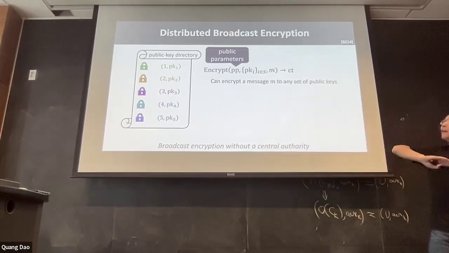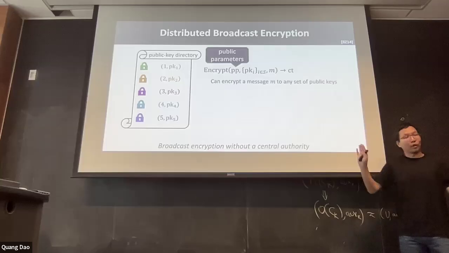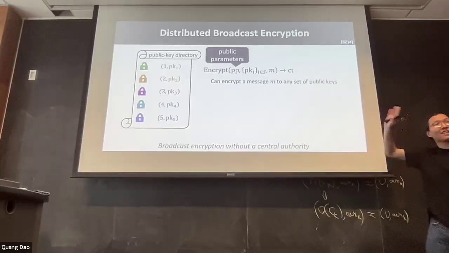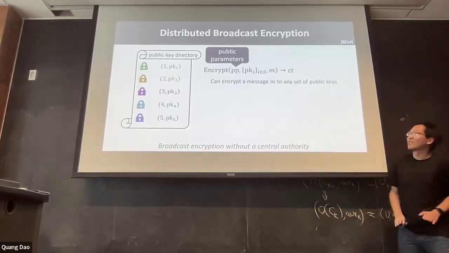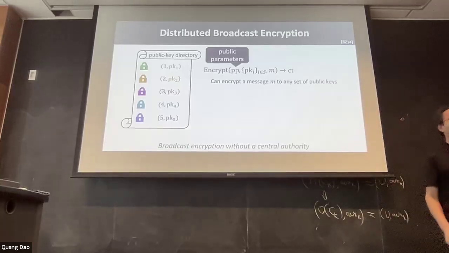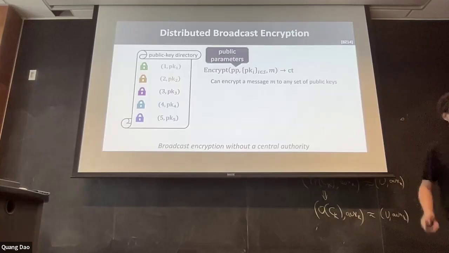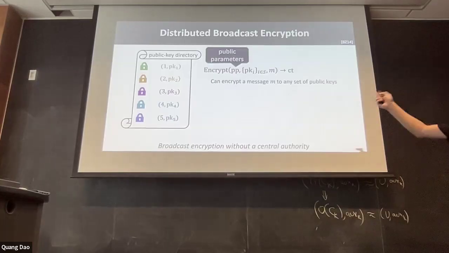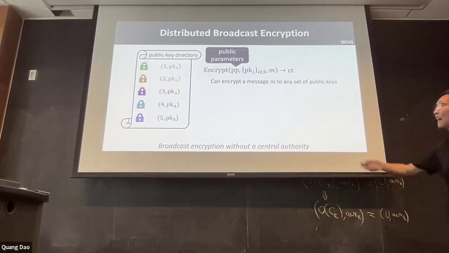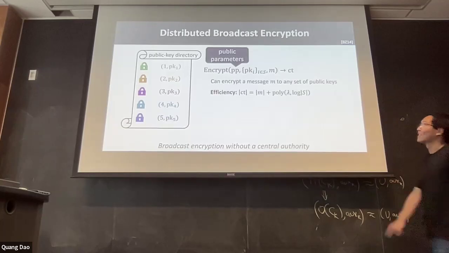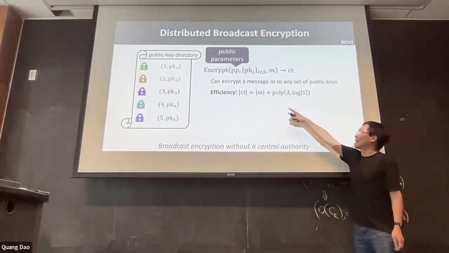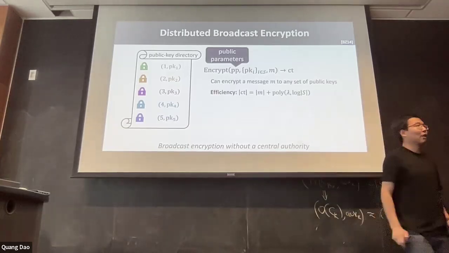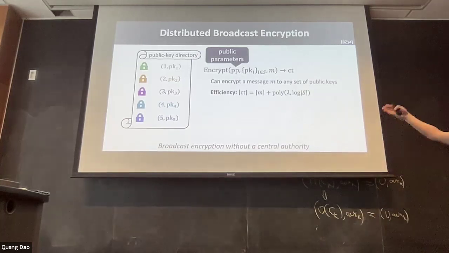Once you do it, there are no long-term secrets after that point. Of course, we can also ask for transparent setup and so on. But for the purposes of this talk, I will allow for a one-time trusted sampling of public parameters or a common reference string. Okay, so now once you have these public keys, you can encrypt the message to them. And we impose the same efficiency requirements exactly as before. The size of the ciphertext should be the size of the message plus something that grows only polylogarithmically, or more generally, you can also ask for sublinear in the number of users.